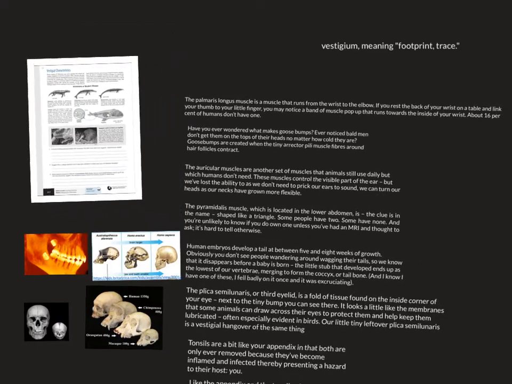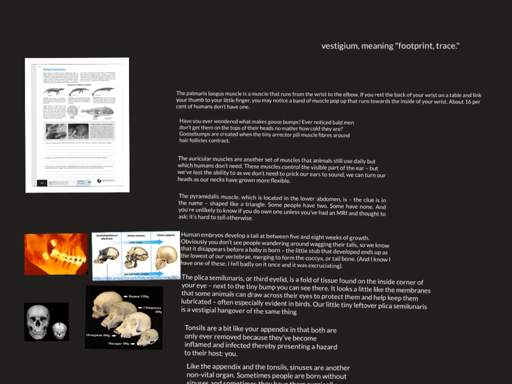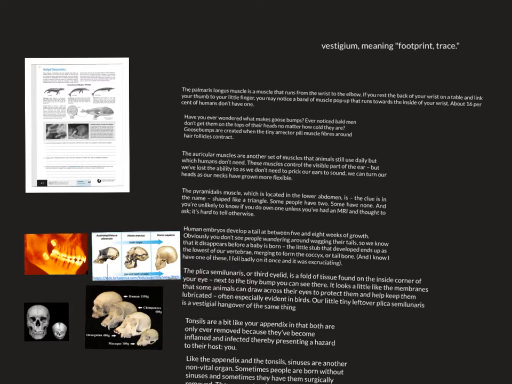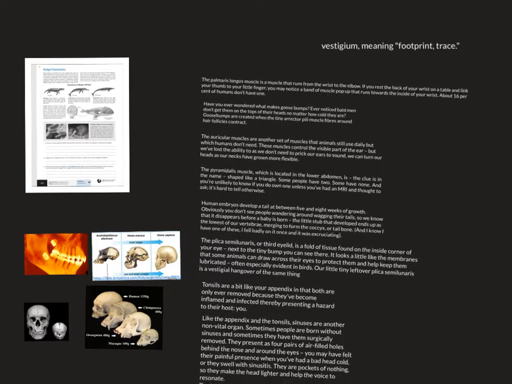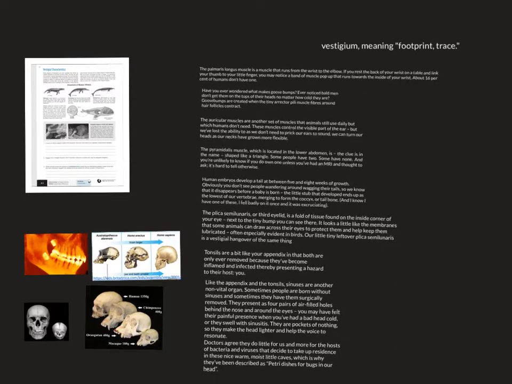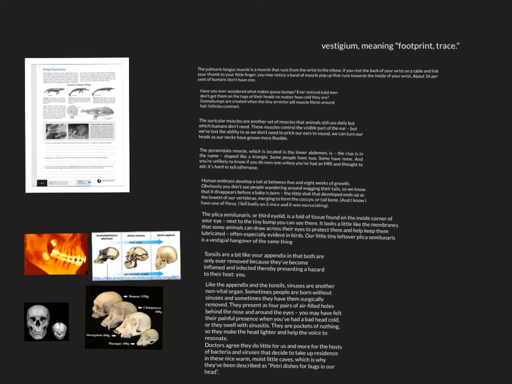Here's some others. We have the palmaris longus. It's a muscle that runs down the wrist to the elbow. It doesn't really have a purpose. It doesn't really do much. And if you do a specific movement, you might see it. And about 16% of us don't even have it. And we live our lives fine.